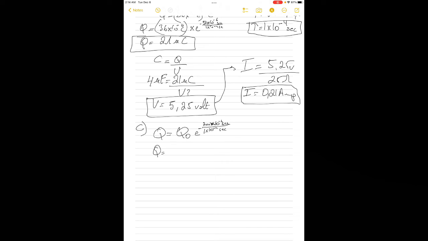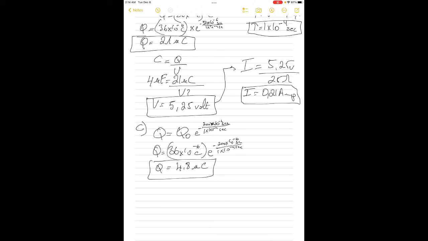So the charge will be equal to 36 times 10 minus 6 coulomb multiplied by e to the power of minus 200 times 10 minus 6 second divided by 1 times 10 minus 4 second, and this charge will be equal to 4.8 microcoulomb.